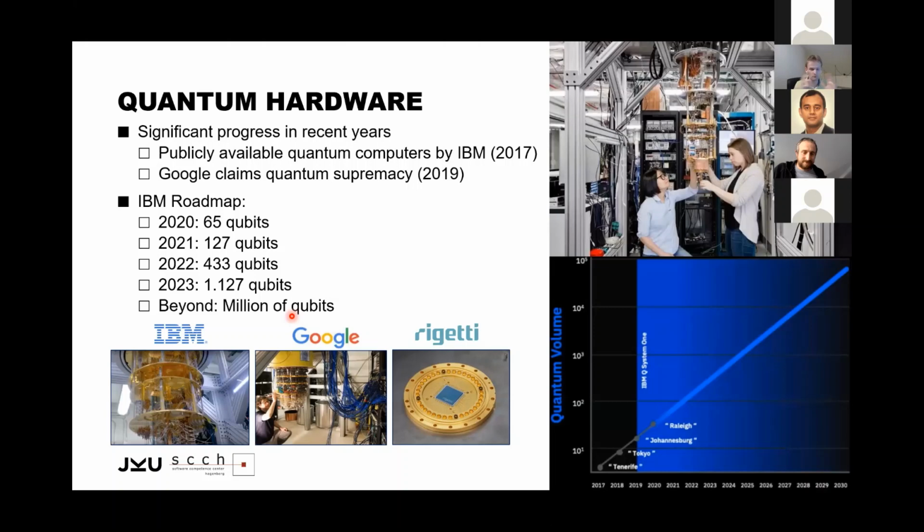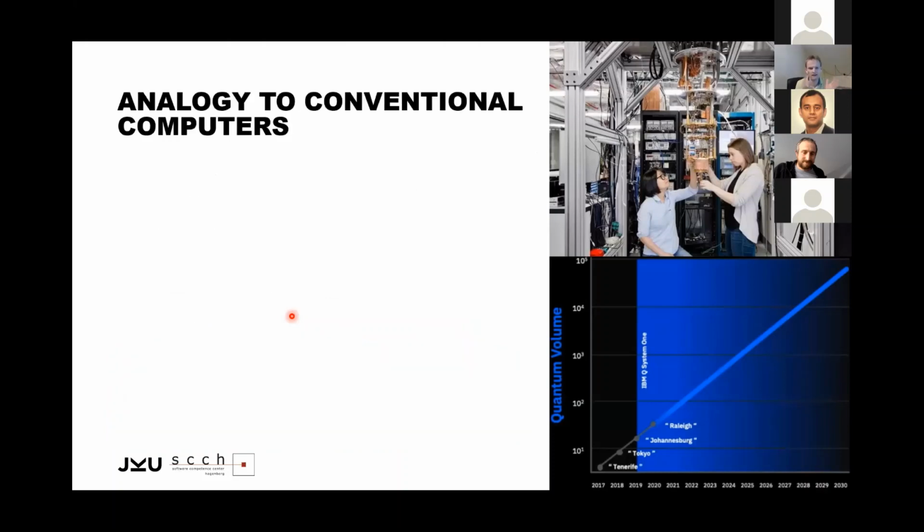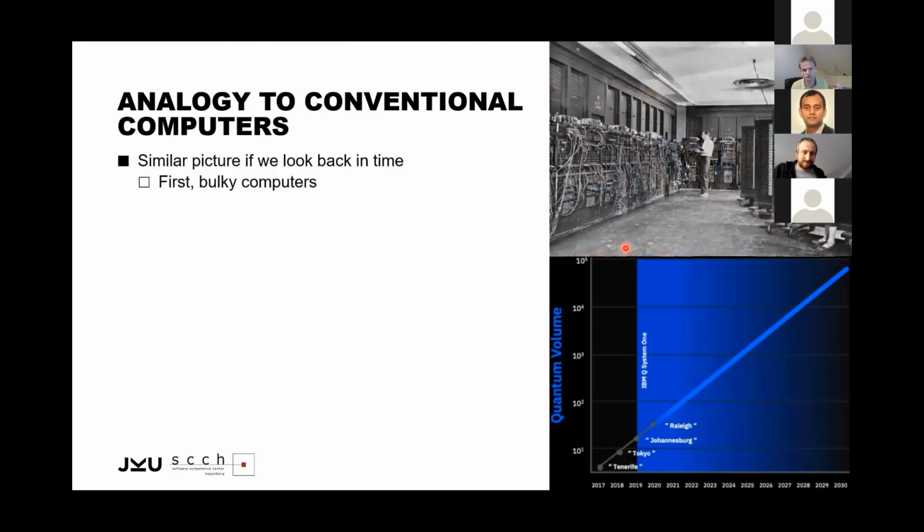And the reason why I'm bringing this up here is not to give you the third introduction on quantum computing, but to compare it with the development of conventional computers, because you can see a lot of similarities in the development of quantum computers, for example with respect to quantum volume. Also in the conventional world, the first computers were rather bulky.